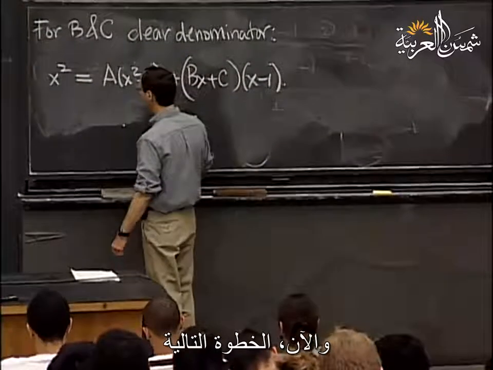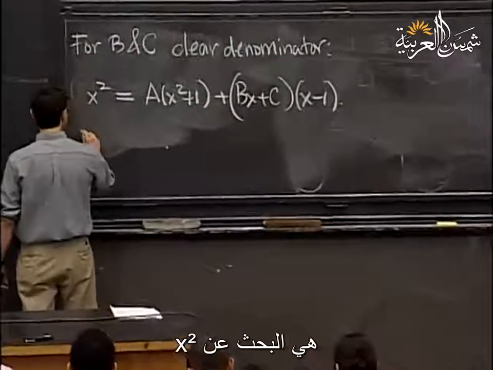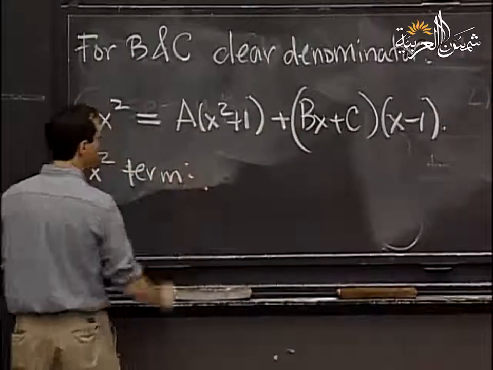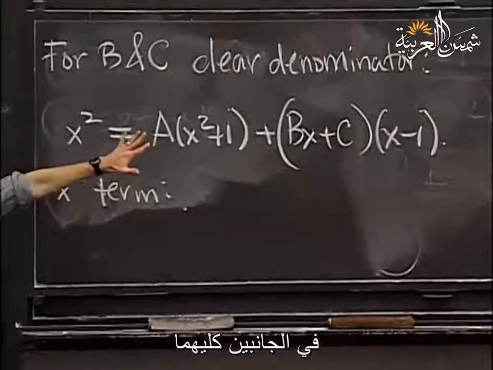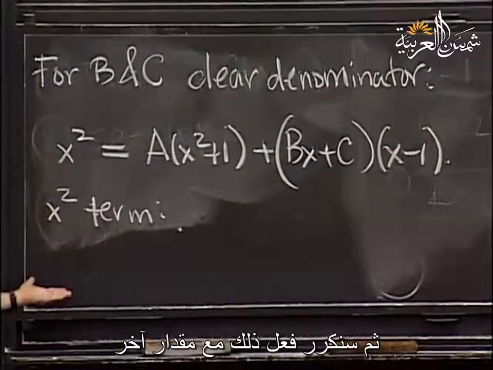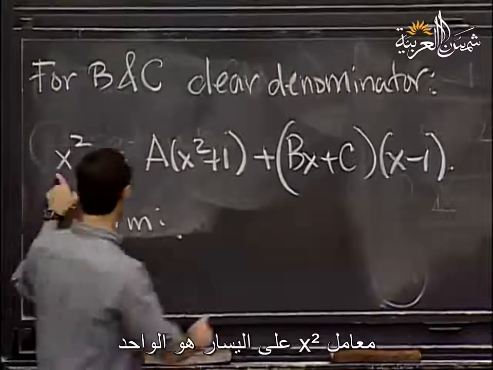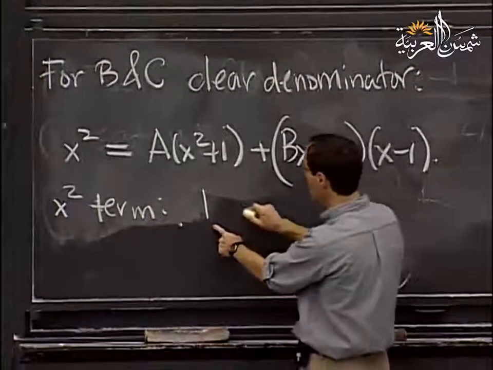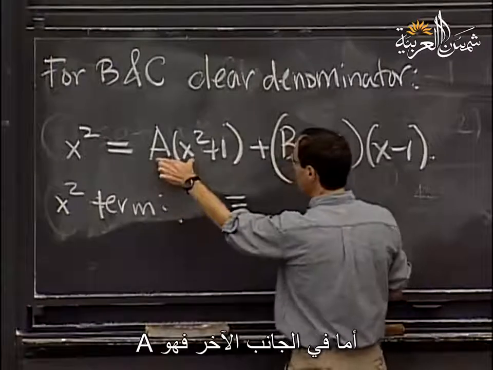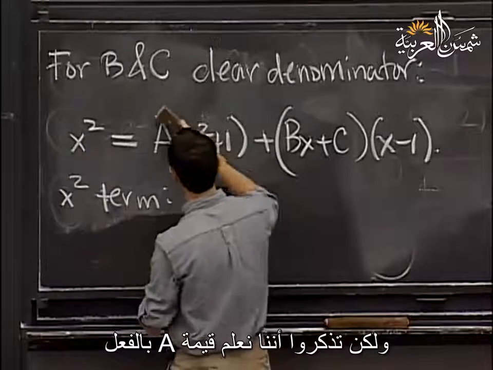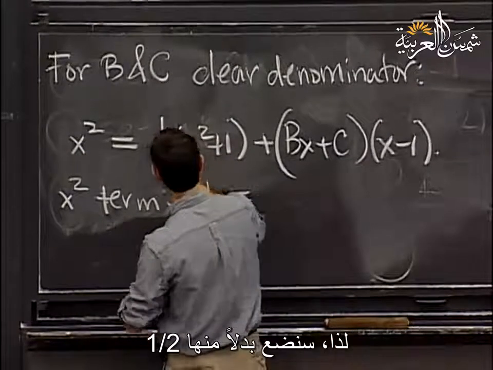Now, I'm going to do the following. I'm going to look at the x squared term on the left-hand side and the right-hand side. And that will give me one equation for B and C, and then I'm going to do the same thing with another term. The x squared term on the left-hand side, the coefficient is 1. It's 1 times x squared. On the other side, it's A, but remember, I actually know A. So I'm going to put it in, it's a half.